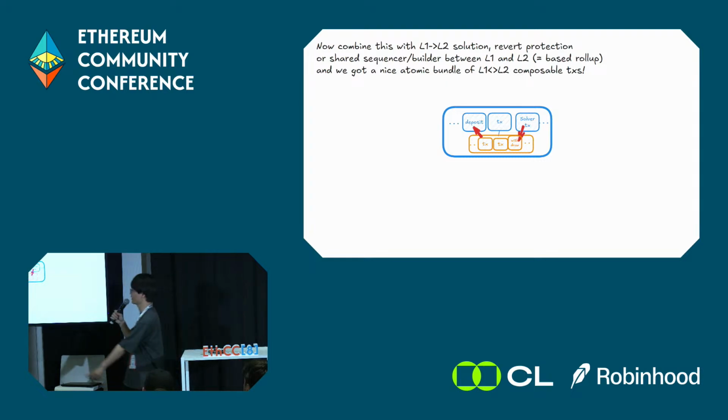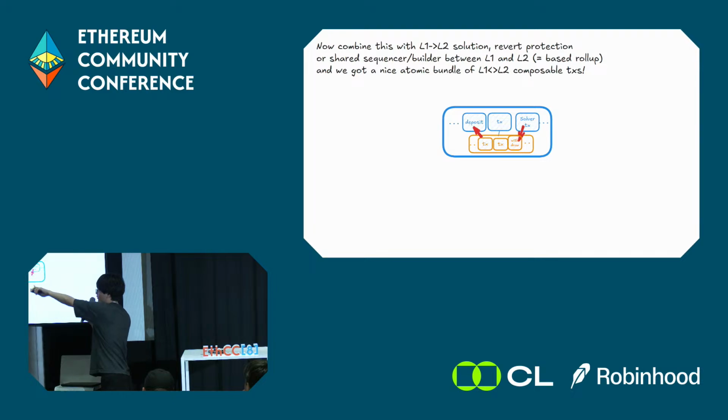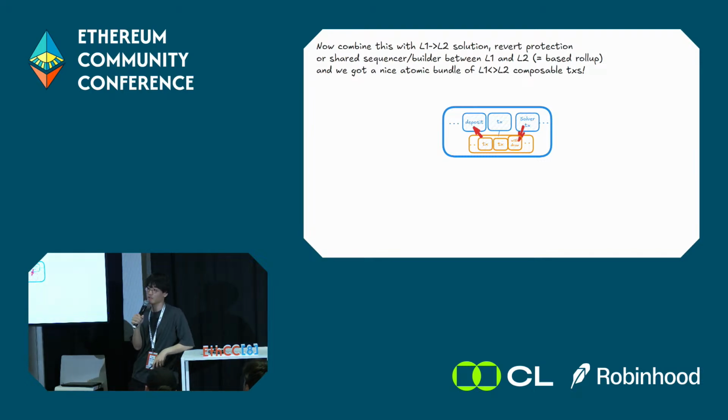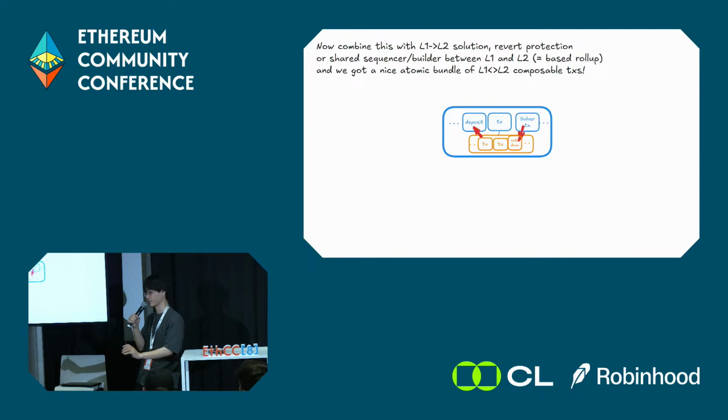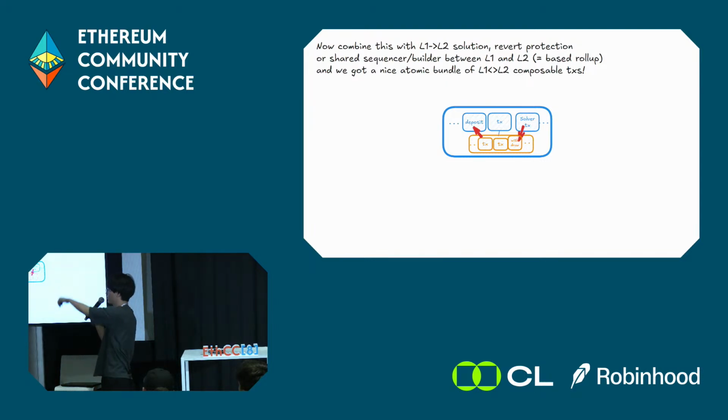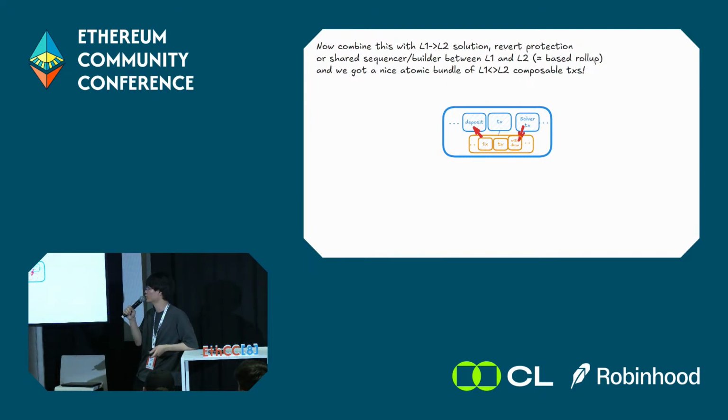So you can have a deposit, and you can have an L2 batch that conditions against the deposit. And then you can have the batch transaction, and then a solver transaction backrunning it, conditioned against the fact that the withdrawal actually happened. Before, these two were completely separate lanes of execution. Now you can have these interdependencies between the L1 and the L2, all in the same L1 block.